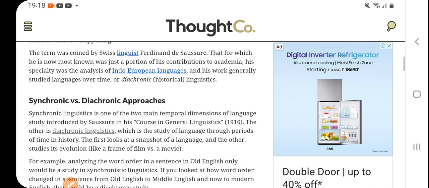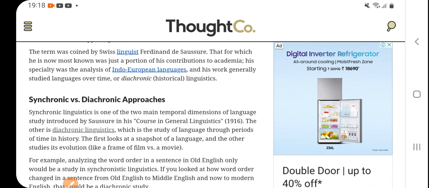The term was coined by Swiss linguist Ferdinand de Saussure, and that for which he is now most known was just a portion of his contribution to academia.